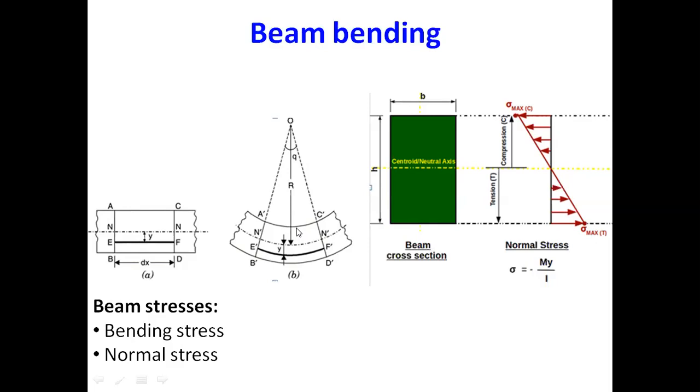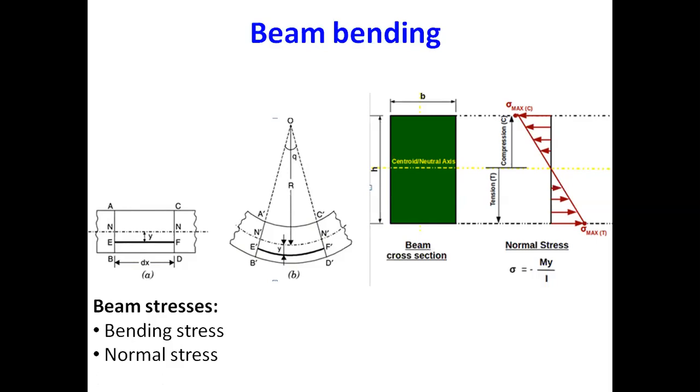So if we plot the stress distribution about this cross section, let's say this is the cross section of the beam, the width is b, the height is h, and this is the neutral axis which is passing through the centroid of the beam. In this case, the neutral axis and the axis of the beam passing through the centroid are the same, but it is not necessary.